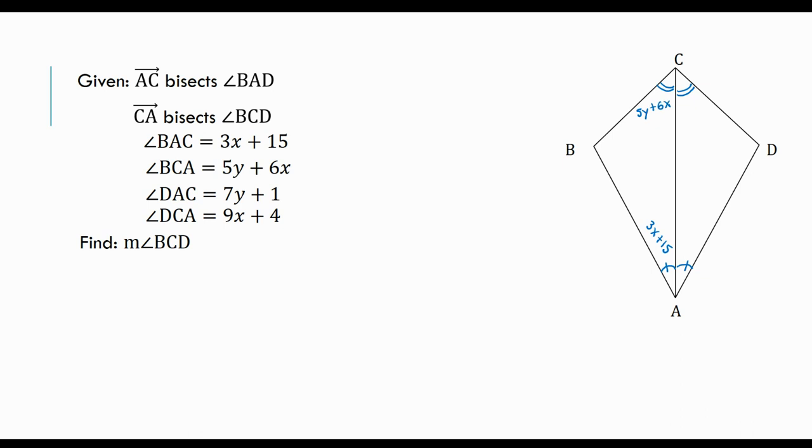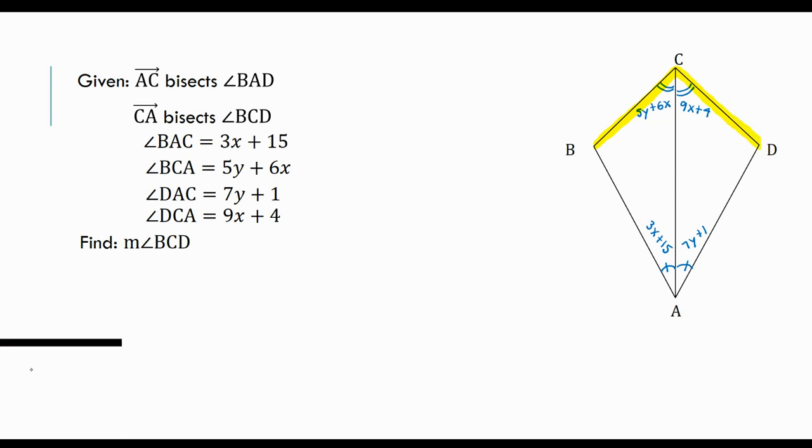We're told that angle DAC, so back down here at the bottom, is 7y plus 1. And we're told that the angle DCA, back here at the top, is 9x plus 4. We want to find the measure of the angle BCD. So that means BCD, we want to find this entire angle.